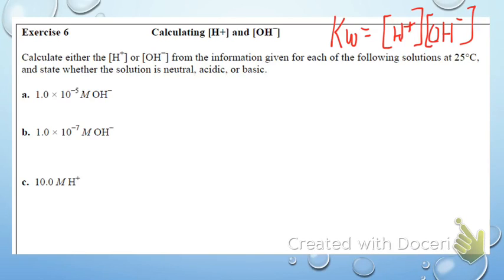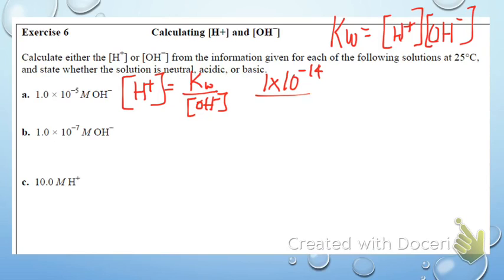So in this case, I would say the hydrogen concentration is going to be equal to Kw over hydroxide. So 1 times 10 to the negative 14 over 1 times 10 to the negative 5. And I get 1 times 10 to the negative 9.